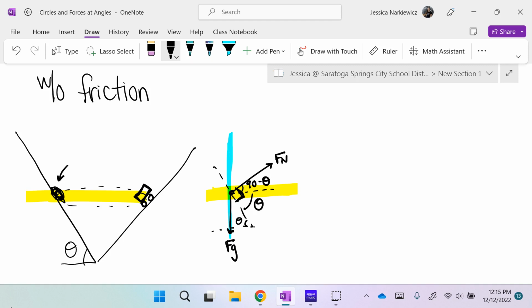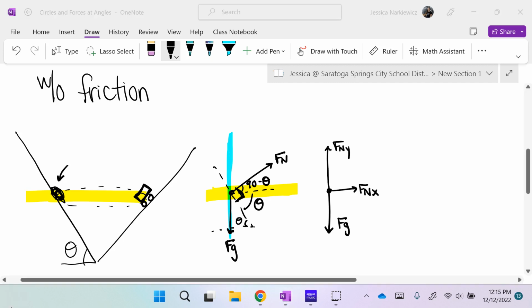Here's where things get a little bit tricky. Our normal force gets broken up into a normal force in the y direction and a normal force in the x direction. Now we have this angle here, 90 minus theta, or we could say that the angle the normal force makes with vertical, to make our lives easier, is theta.